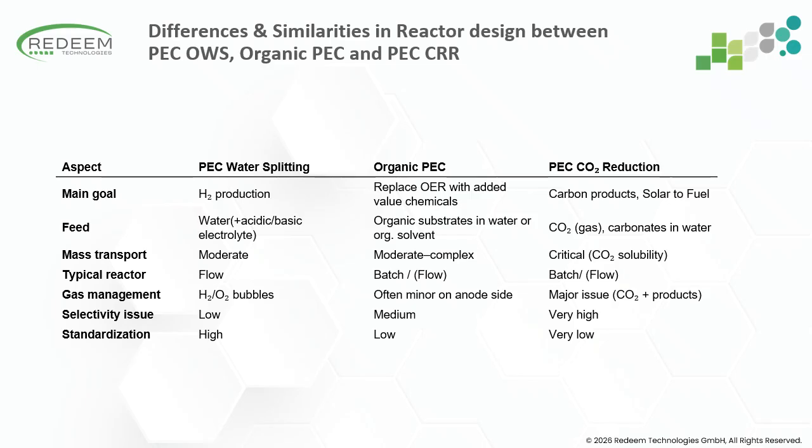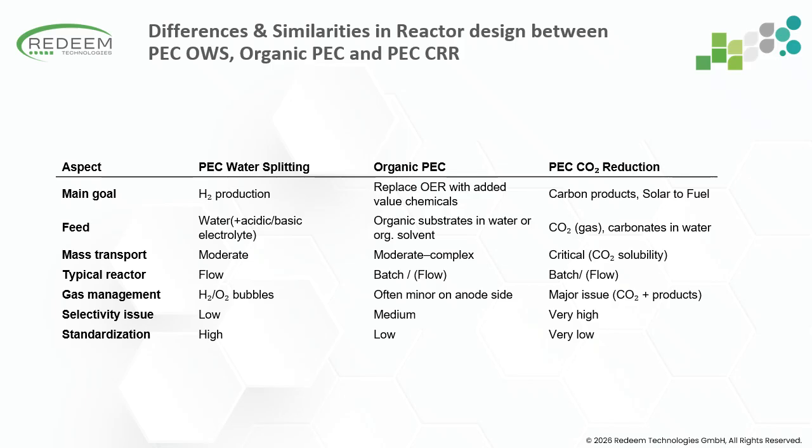And for CO2 reduction, this is the most demanding case here, because mass transport is often the limiting factor because of the low solubility of CO2, and multiple competing reaction pathways reduce the selectivity. So the reactor architectures are still highly diverse.